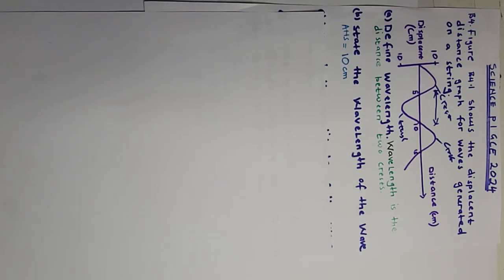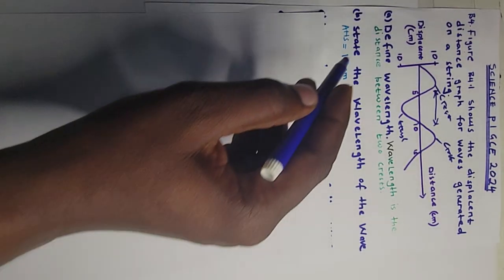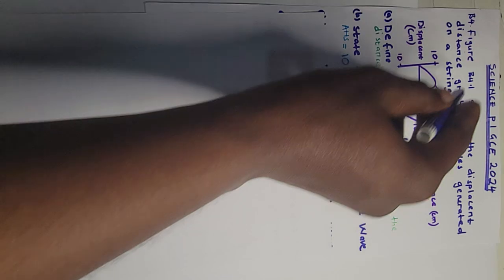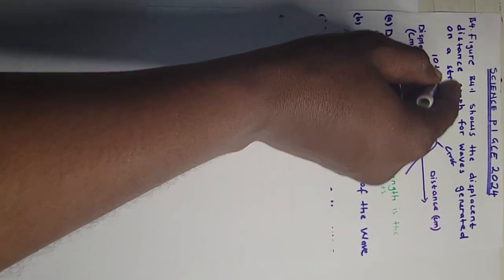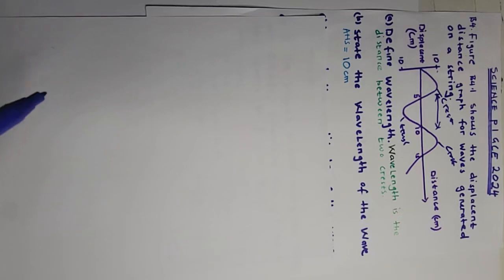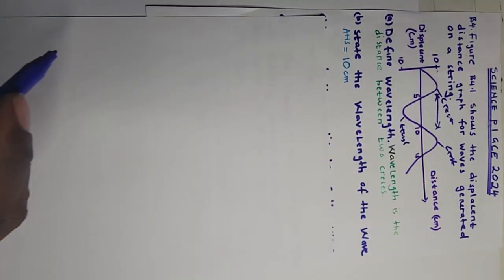Okay, what are they saying there? State the wavelength of the wave. So this, the distance from here to there, is 10 centimeters.